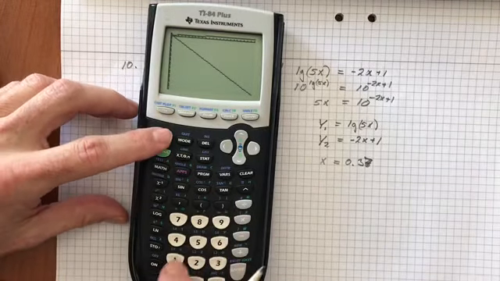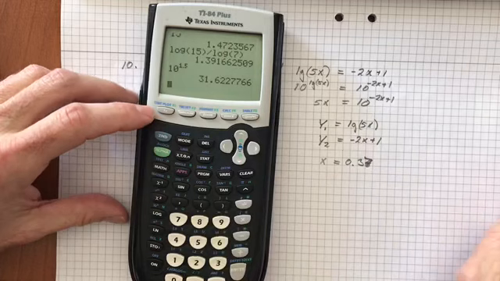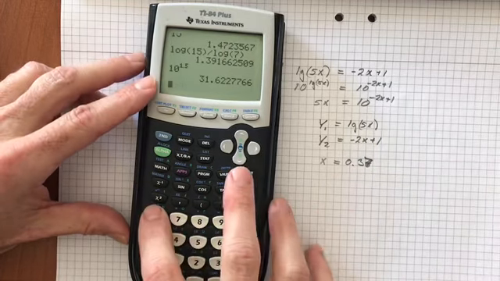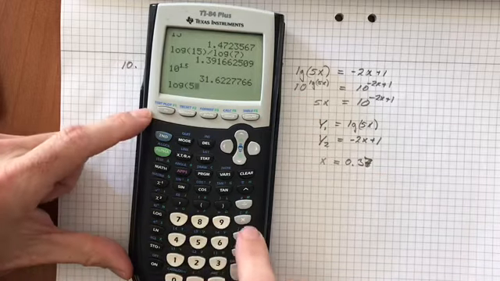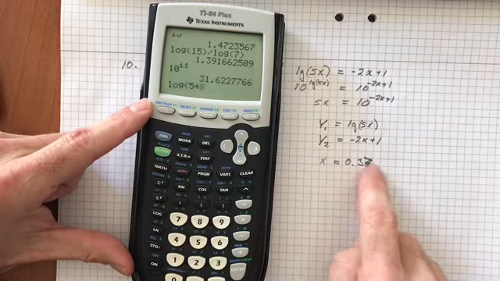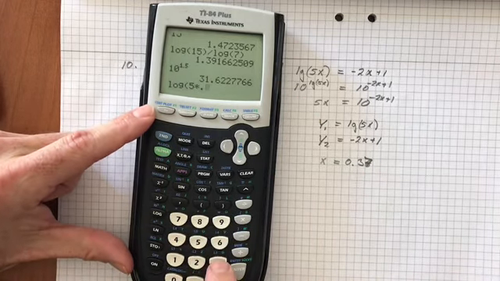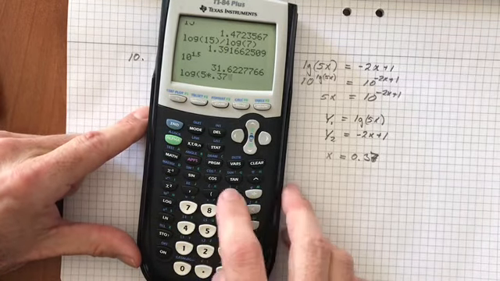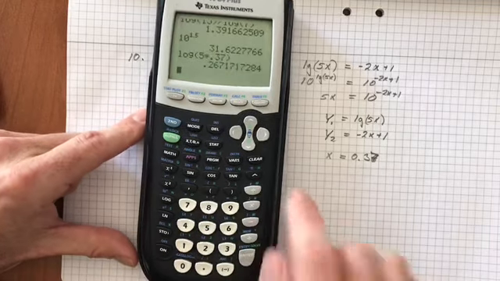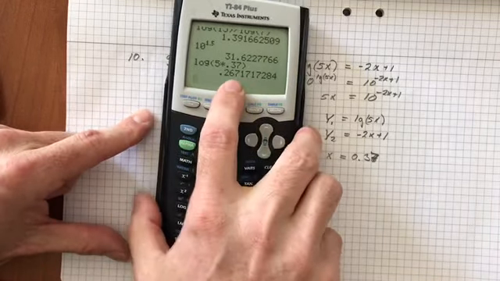Now, let's see if it's true. We can check it with our calculator. So, let's do like this. Log 5 multiplied by x, and that's 0.37, 0.37, end of brackets, enter, 0.26.